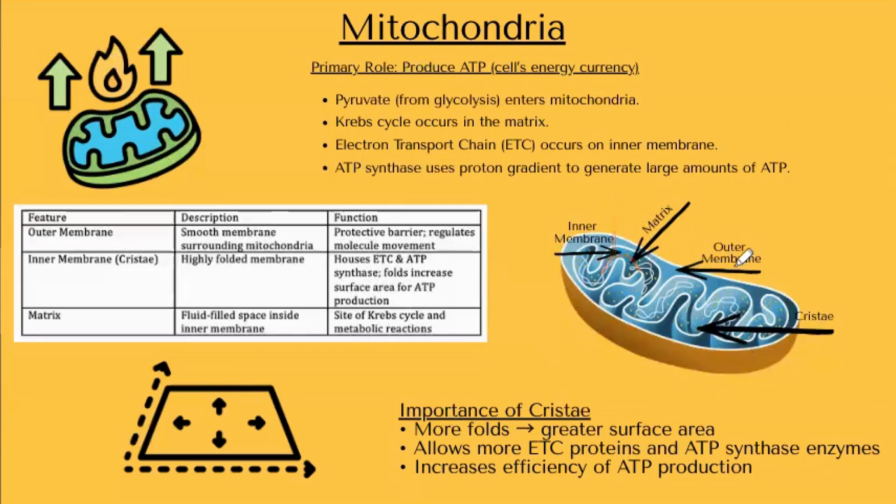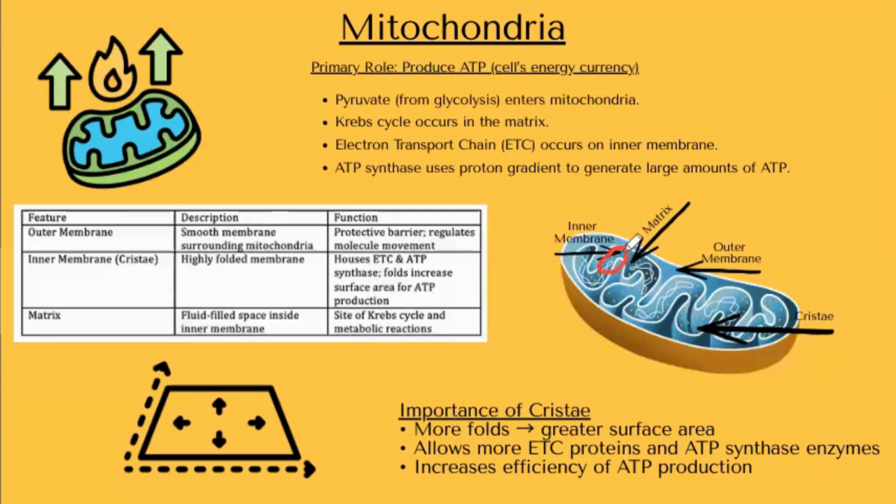And the outer membrane is there to provide an extra barrier, and it regulates basically what enters and exits the mitochondria. Now, you might think to yourself, the mitochondria acts like the cell itself, and it does. It's actually very interesting that it has that double membrane, and it regulates what enters and exits the mitochondria.